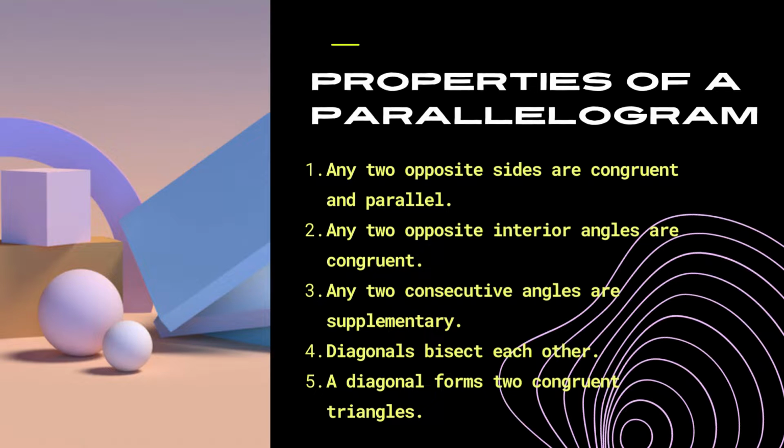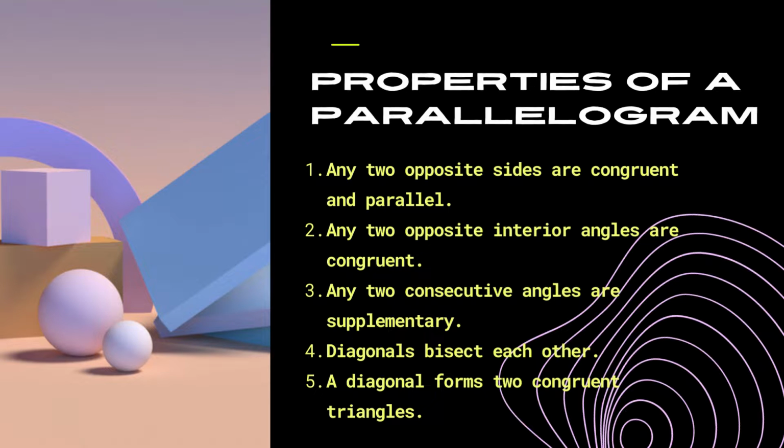For third, in a parallelogram, any two consecutive angles are supplementary. For the fourth, in a parallelogram, diagonals bisect each other. And the fifth states in a parallelogram, a diagonal forms two congruent triangles.